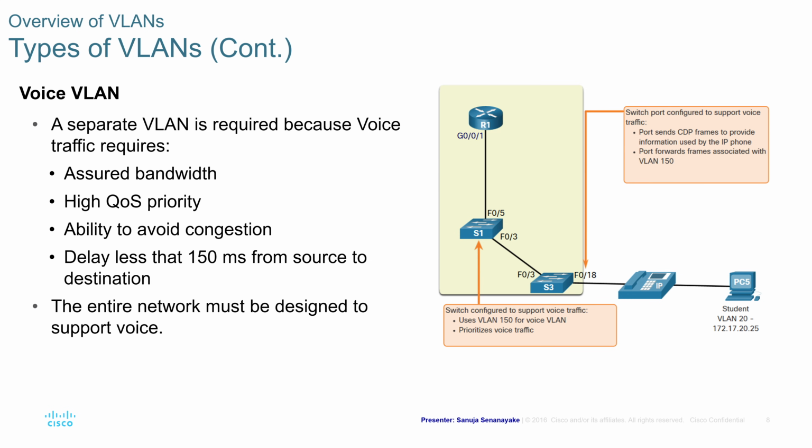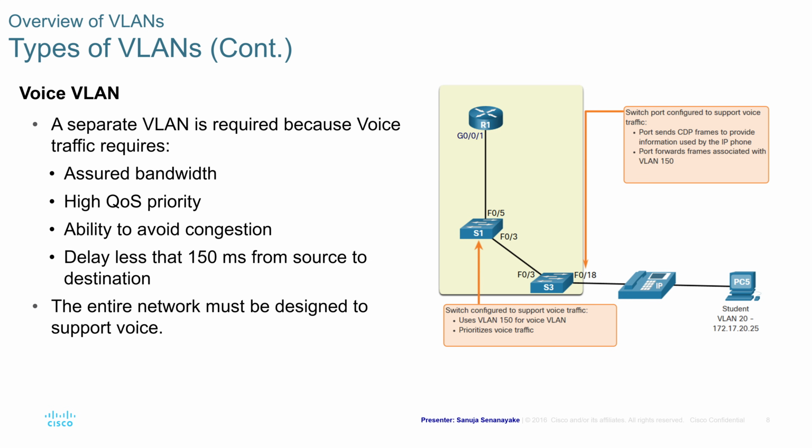Again, I will go through a separate lecture series on VoIP and voice VLAN systems in a separate video. But for now, remember that the voice VLAN is a very useful tool that you can create to give priority to the voice traffic.